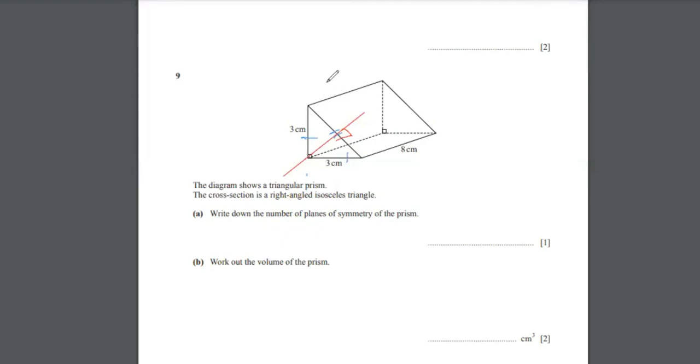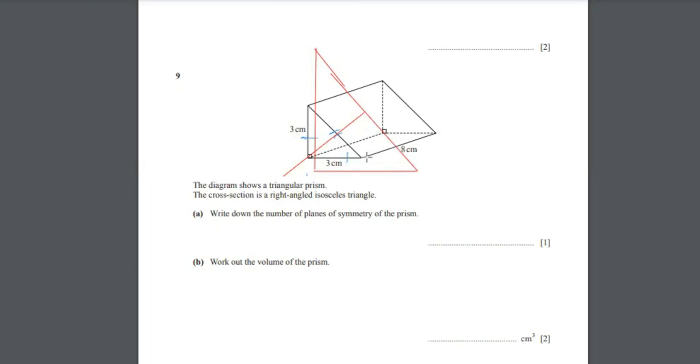plane of symmetry? Next plane of symmetry, if we cut it like this, cutting it into half. Okay, we cut it like this plane. So the shape will be divided, and we'll cut it from the middle of this line.